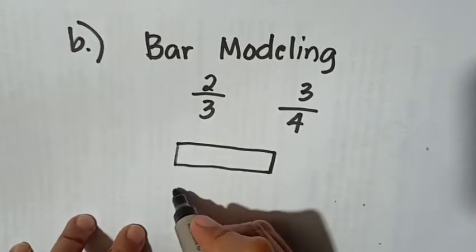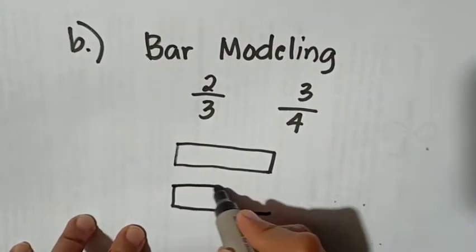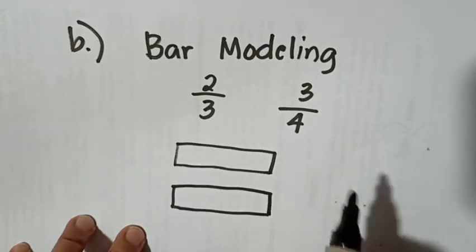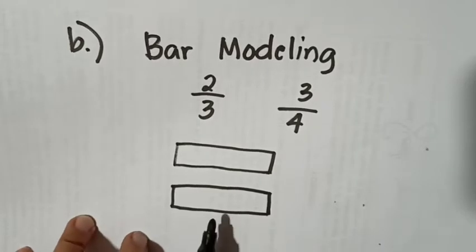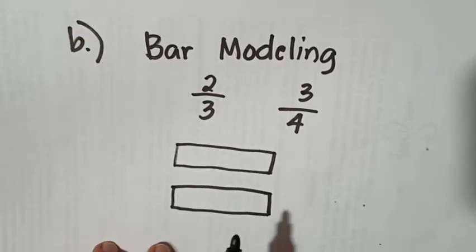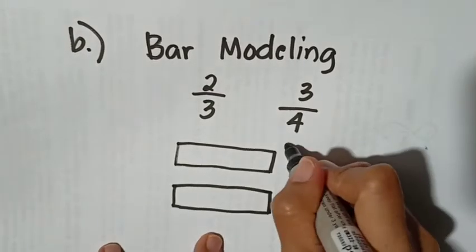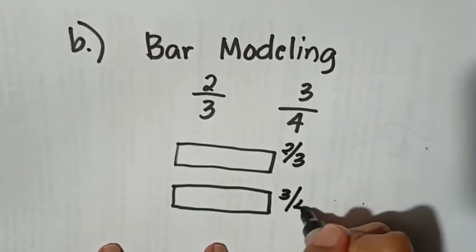Okay? Another 2 bars. Since we are comparing 2 fractions, make sure that the 2 bars have the same length, the same width, the same height. Now, let's say this is 2/3 and this is 3/4.